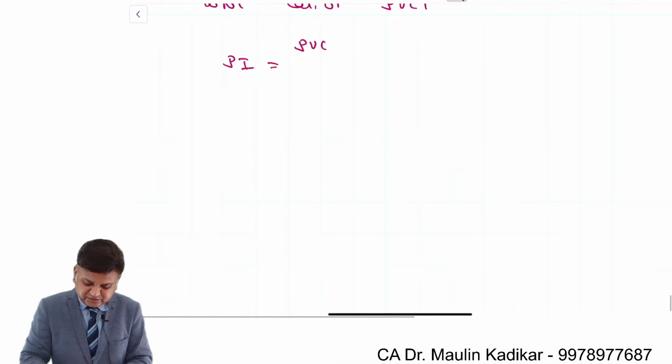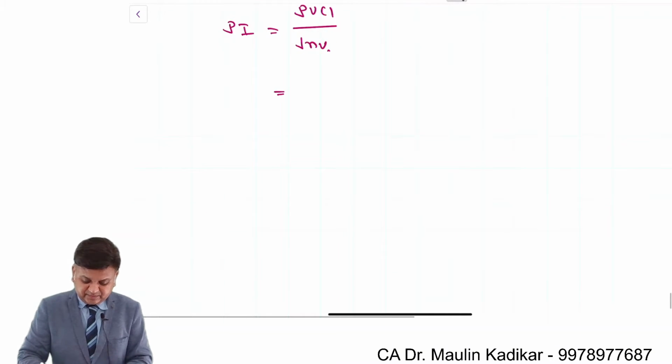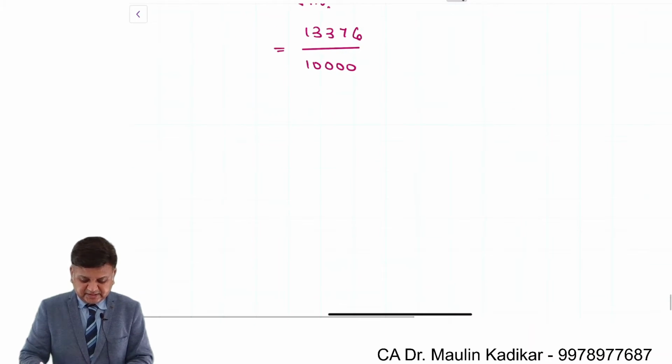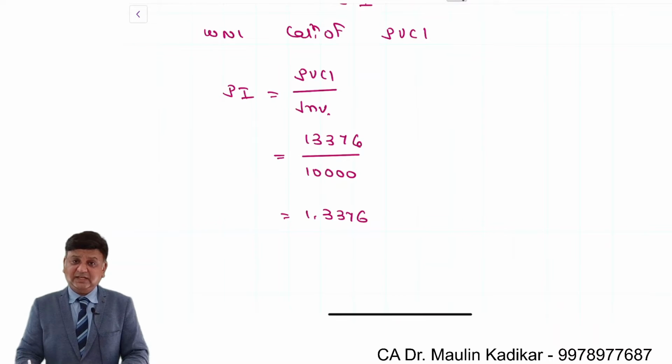PI is calculated as present value of the cash inflow upon investment. Present value of the cash inflow is 13376 upon 10,000. So the answer is 1.3376. Now what does this PI indicate? Listen carefully.